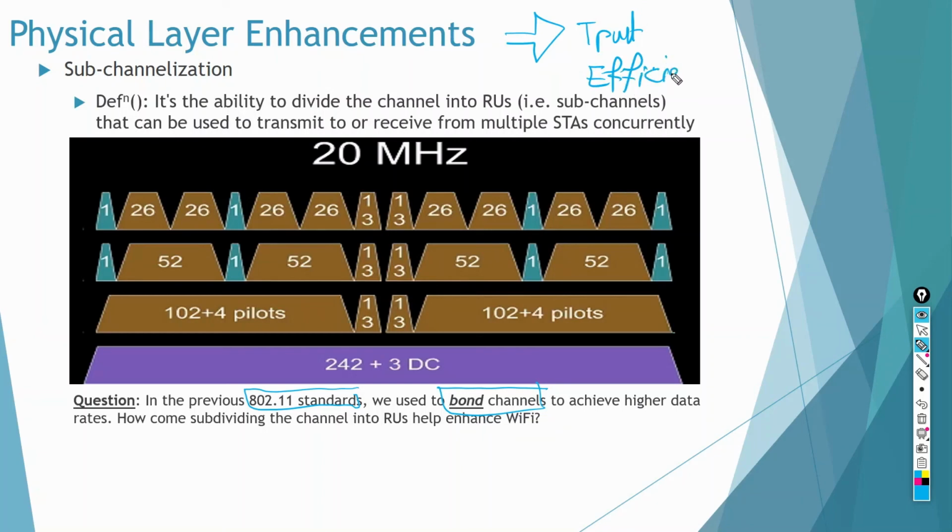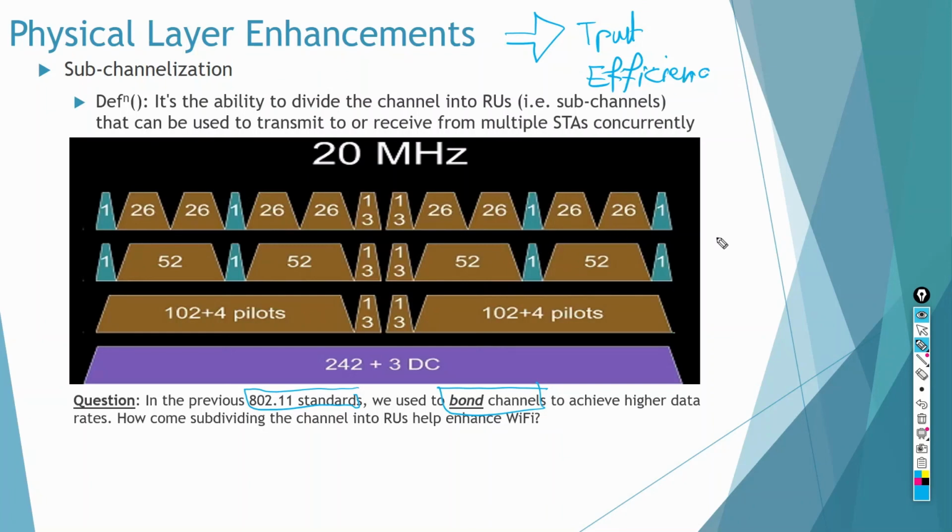So the researchers cared about efficiency in the first place. If the item they tried to make more efficient brought better throughput, then that's good. But their main target was to enhance the efficiency.